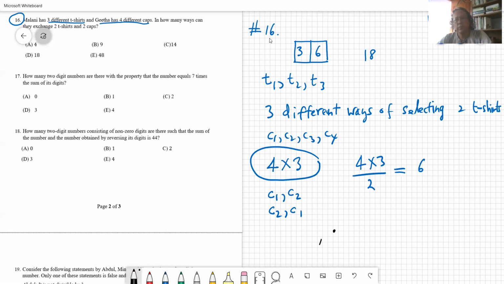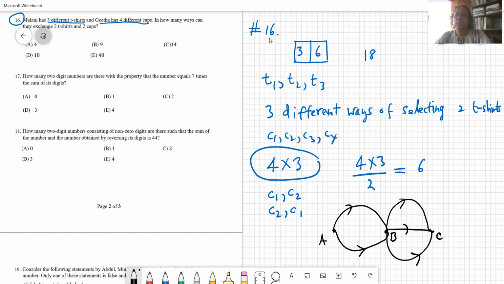Let's say that we have 3 towns, A, B, C, and we have 2 ways of going from A to B, and 3 different ways of going from B to C. So how many ways are there to go from A to C via B?